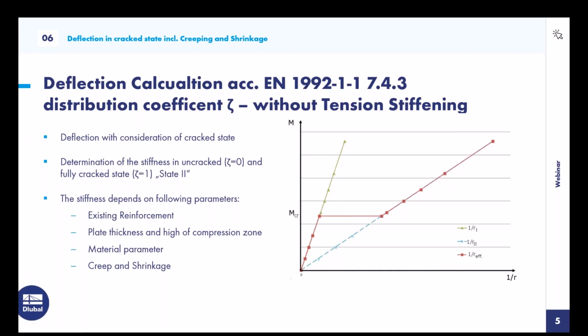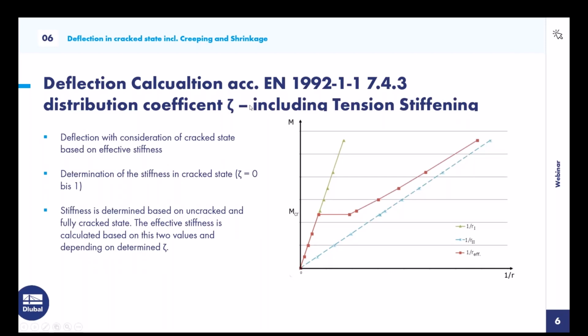I have also the option to use the calculation including tension stiffening. This is our default setting, so if you do not change it, the program automatically always calculates the deflection considering the effect of tension stiffening.